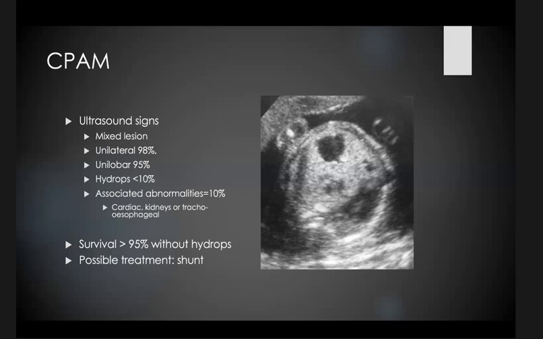It's not frequent, but you can have hydrops, and you can have some associated abnormalities like cardiac, kidney, or tracheoesophageal abnormalities. There's a good survival rate without hydrops, and if it's really huge, you can do a shunt to drain a bit of the fluid during the pregnancy, but that's for a baby that has hydrops and is really, really, really bad.